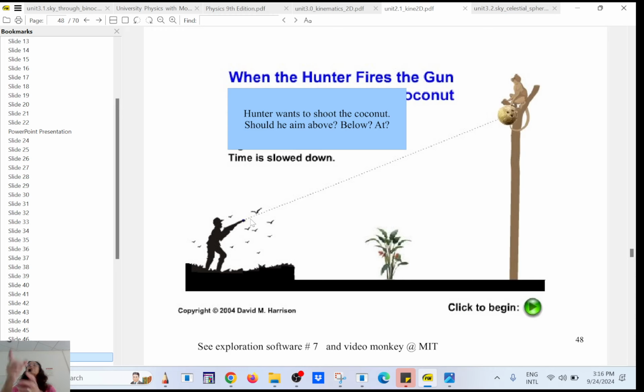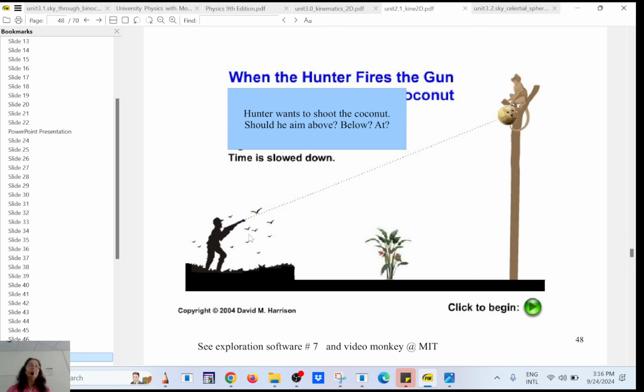As soon as the trigger is pulled, there is a noise, so the monkey gets scared and falls. As soon as the projectile leaves the gun, the monkey lets go and falls. If you want to hit the monkey, do you want to aim above the monkey, at the monkey, or below the monkey?